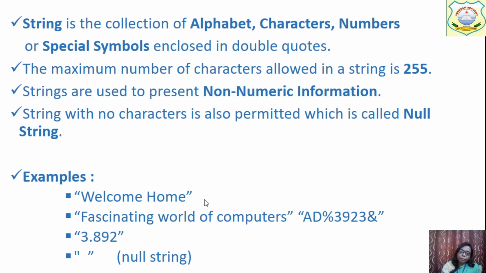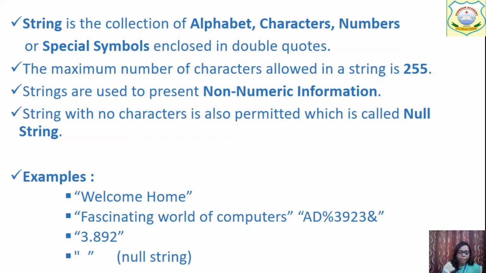String में क्या हो सकता है? It can be number, alphabet or special character. See, these are alphabets, welcome home, and here it is a number, double quotes 3.892 and double quotes, and in this second example we have special characters, that is the percentage and dollar sign. All these are special characters. Special characters are given on the upper keys of your keyboard.